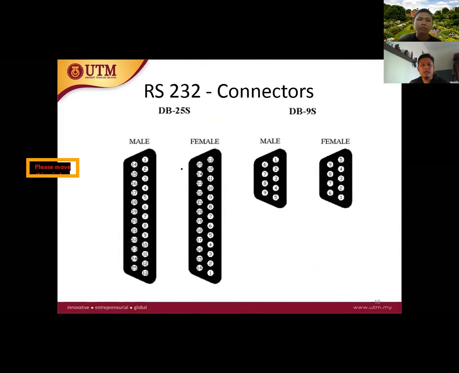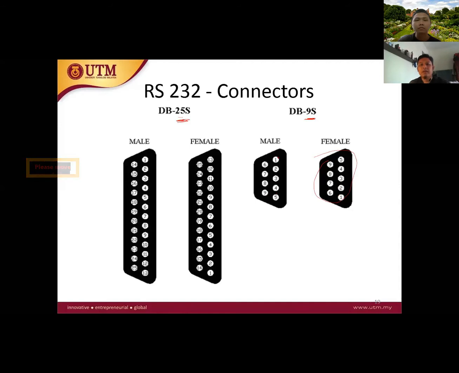So these are the pin layouts for RS232 for 25 pins and for 9 pins. Okay. So basically they put a number for male, the one that has pins pointing out on the port, while female, the connector, basically consists of holes that match with the male connector.